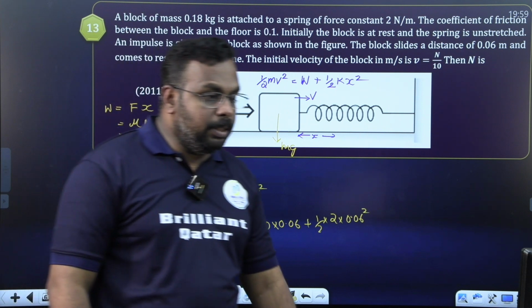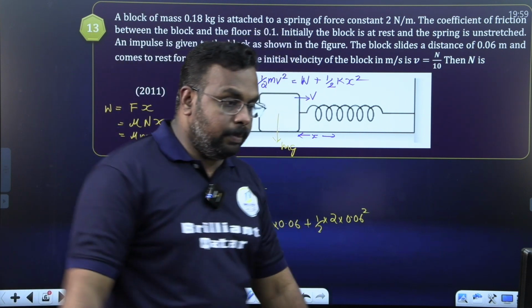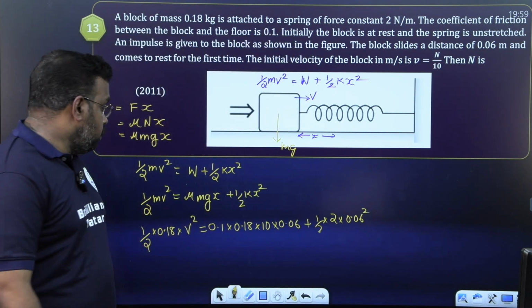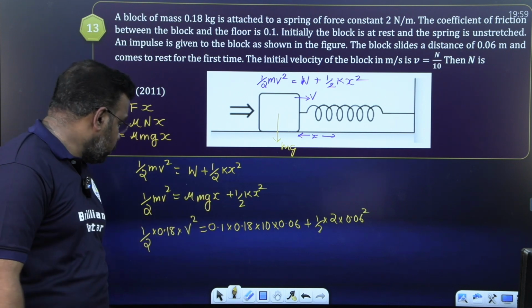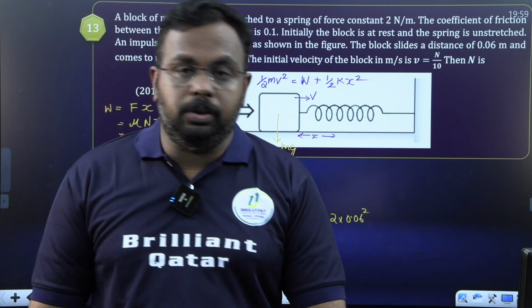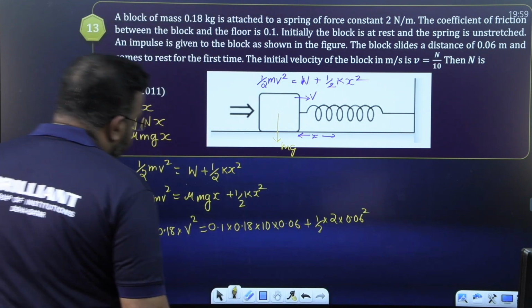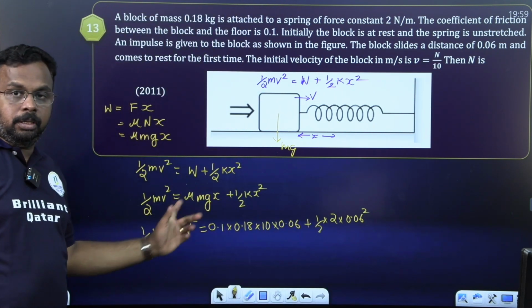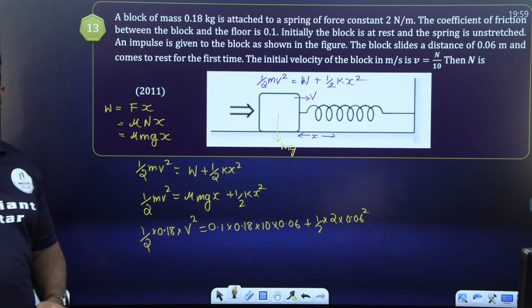Just solve this and tell me the value of V. Calculations are there but not a hard one, you can do it. Quickly do this. If any doubt about the theory part you can ask me. If this concept is not clear, ask me, I'll explain.